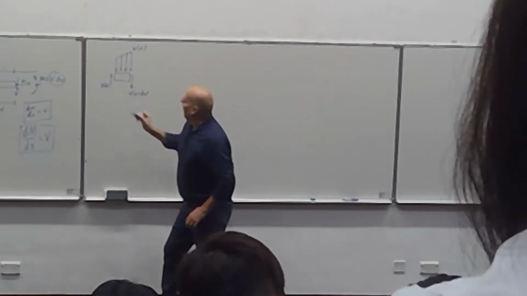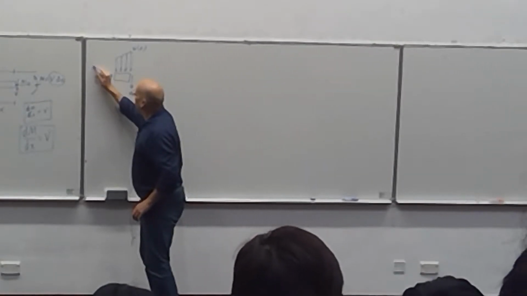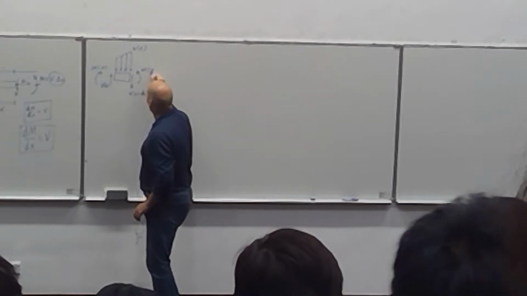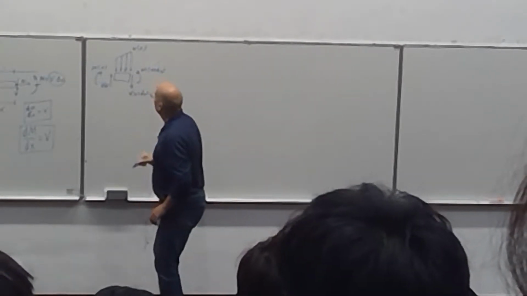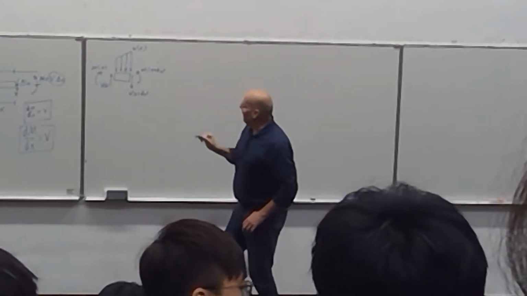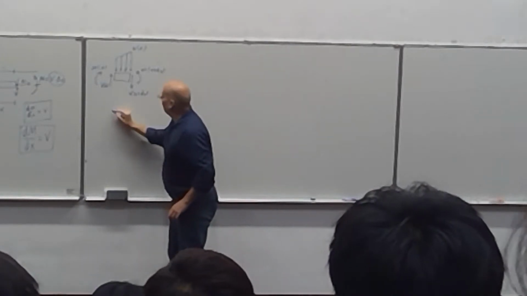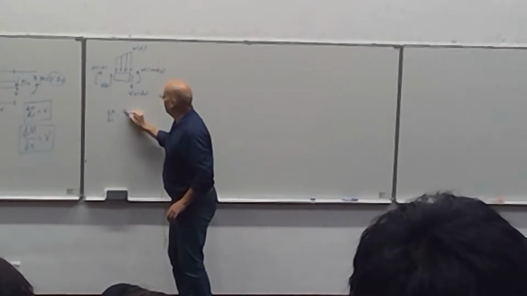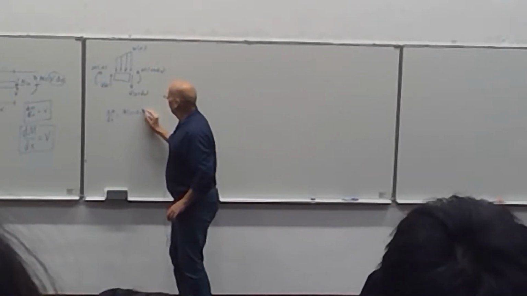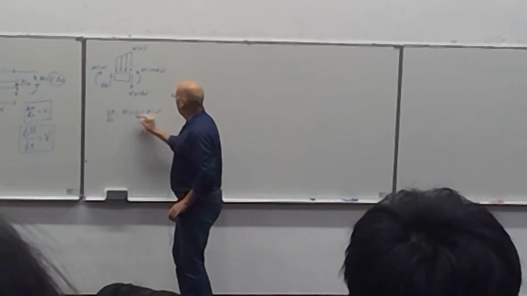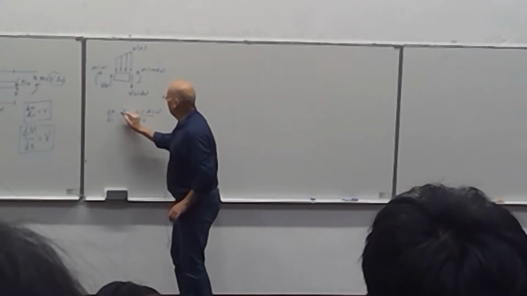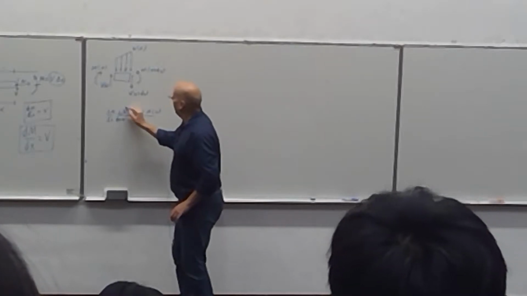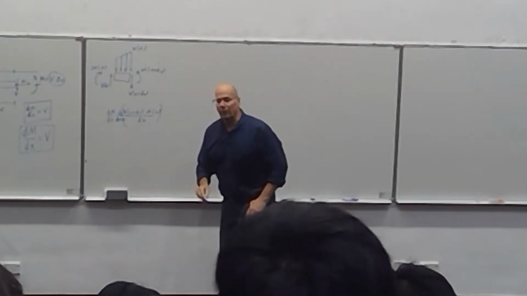Now, if I have a moment M of x here, and a moment M of x plus dx here, we said that the change of moment, dM over dx, means the moment at x plus dx minus the moment at x, over dx, the limit of this when dx goes to 0. This limit is dM over dx.